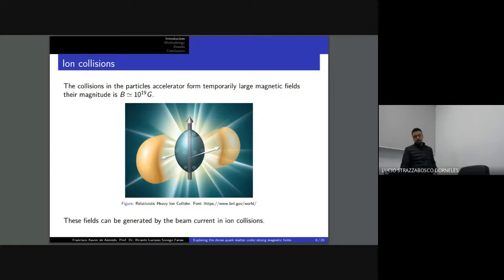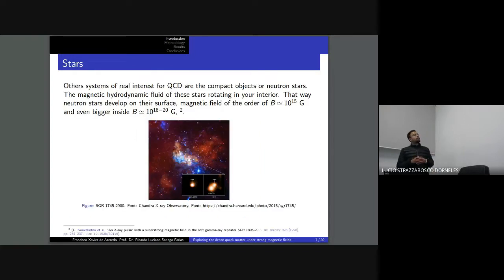Another object of my interest is stars, because these objects develop strong magnetic fields on their surface, of the order of 10 to the power of 15 Gauss, and even bigger inside, 10 to the power of 18 to 20 Gauss.